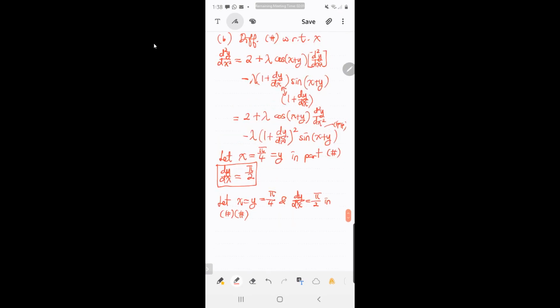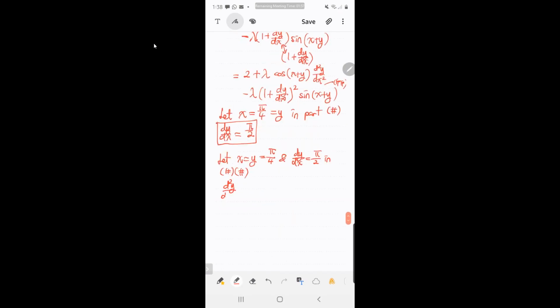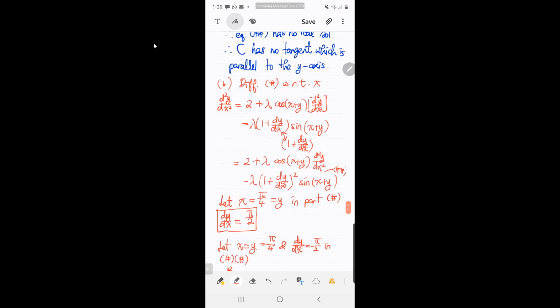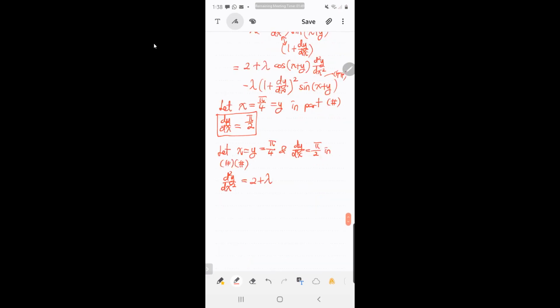So you have d2y dx2 equals 2 plus lambda cos, keep your answer in lambda first. Fantastic, you get 0. So you have 2 plus 0 and then minus lambda followed by 1 plus dy dx, which is pi over 2. So you have 1 plus pi over 2 squared. And then sine pi over 2 is 1. So basically you have 2 minus lambda, then 1 plus pi over 2 squared, right?